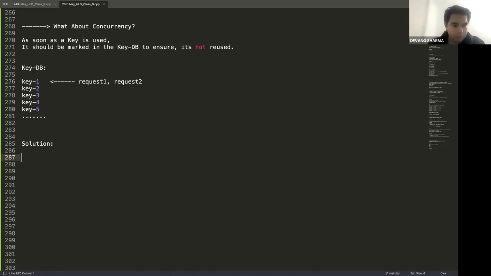Repeating the problem statement. You have this key database. Let's take key 1. At this moment, two requests come at the same time. Exactly the same timestamp, two requests come. My key generation has to be unique. So this key 1 can point either to request 1 or to request 2. It cannot point to both. How would you make sure, if multiple requests come, that this remains transactional in nature? I've just taken 2 for example. It either maps to request 1 or it's mapped to request 2. That's it.